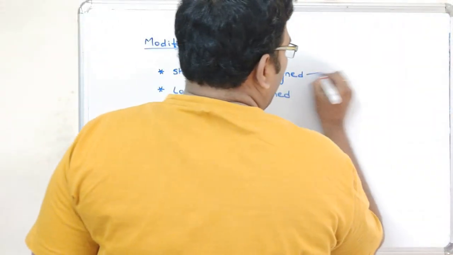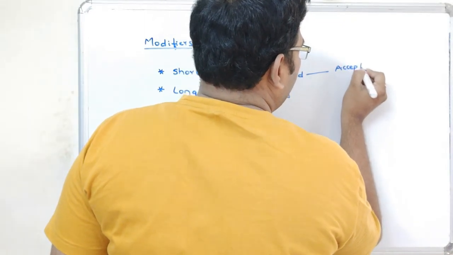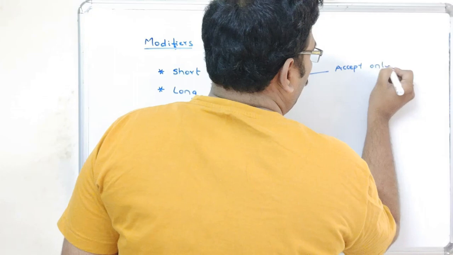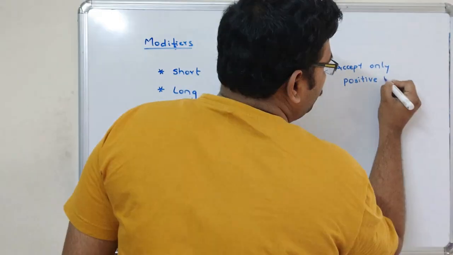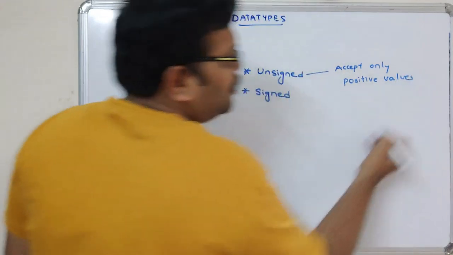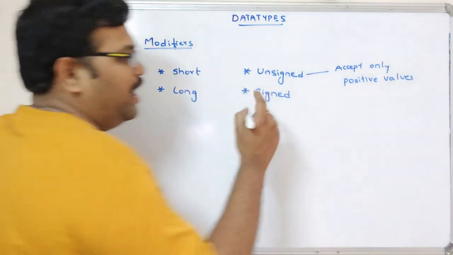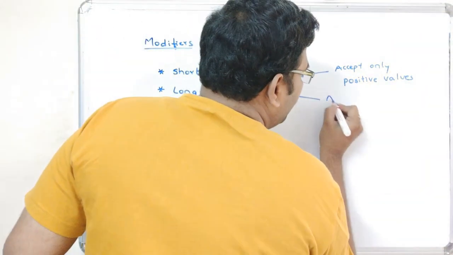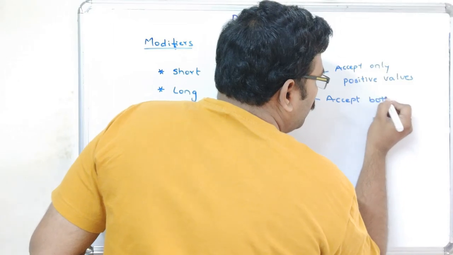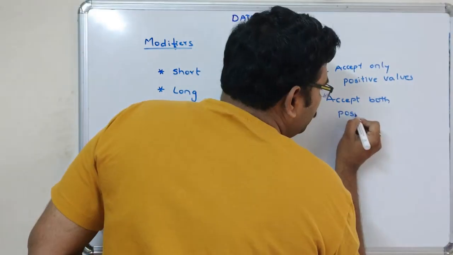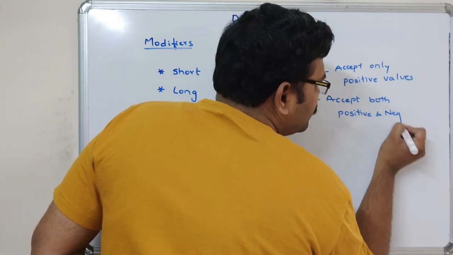Here unsigned means it will accept only positive values. Unsigned means it will accept only positive values. If it is signed, it will accept both positive and negative values.